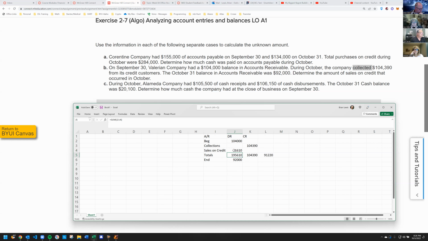This value, what did I do wrong? Oh. This is just as much of a brain teaser to me as it is to you guys, so don't feel bad. 104,390.